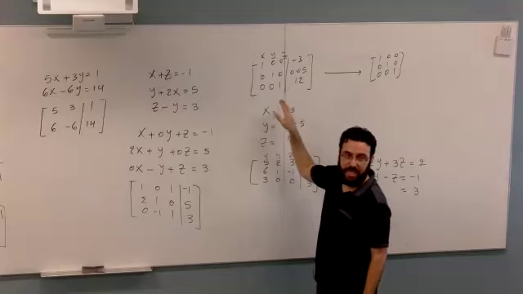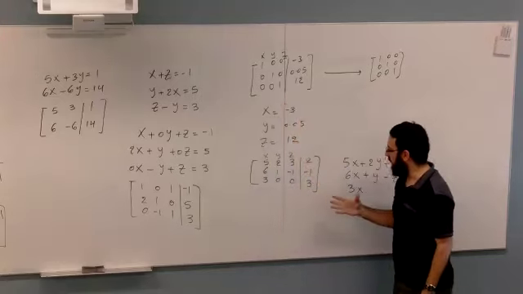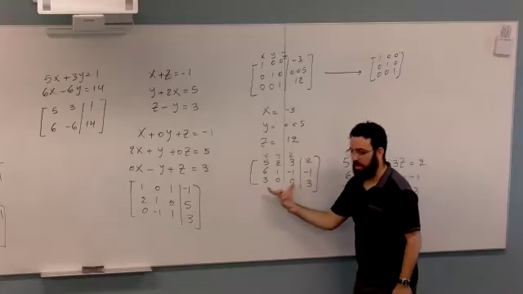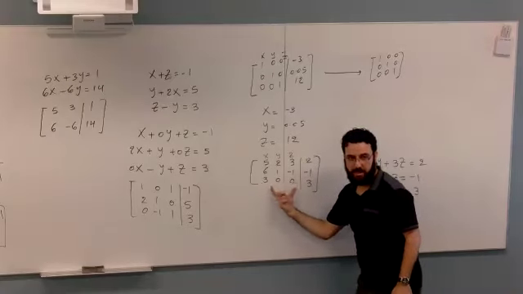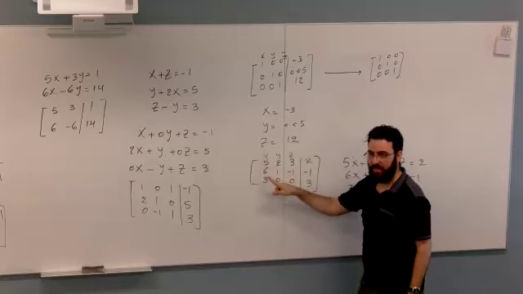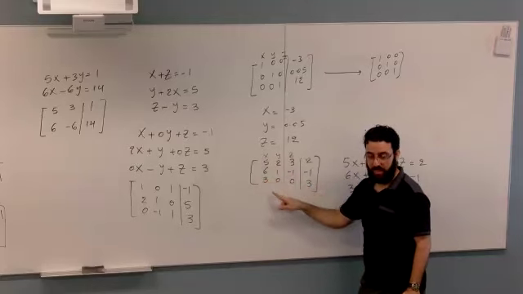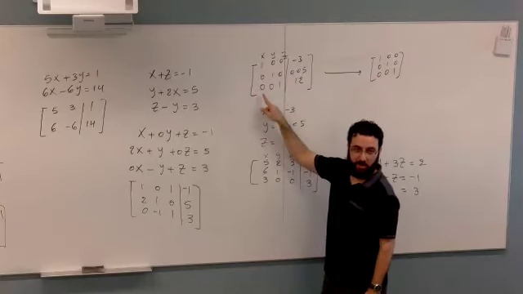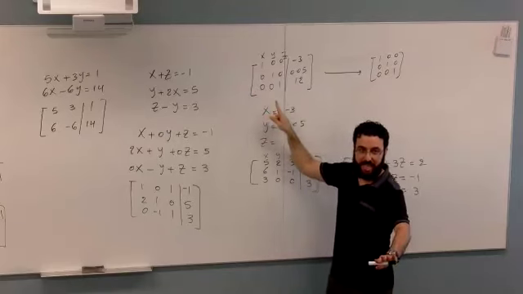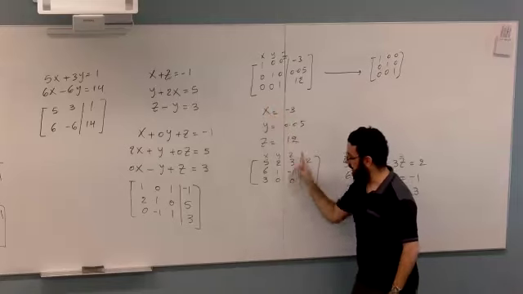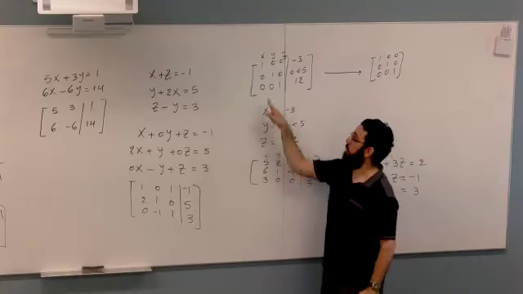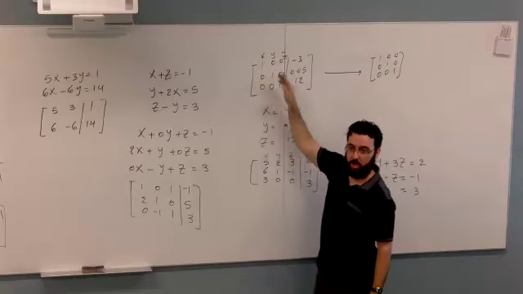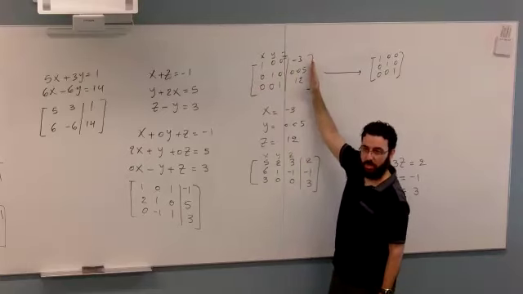That's what we're going to do next class. For every matrix, we're going to convert this side similar to this one. We're going to convert this matrix to make it like this part, so this side is going to be the solution.